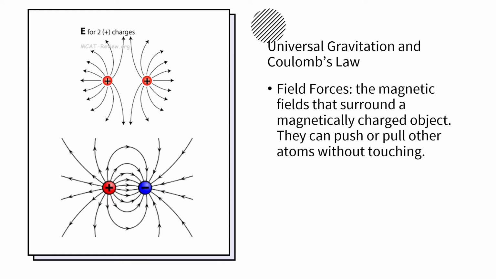There is going to be a magnetic field that surrounds them. If you place them a little close to each other, you will notice that they are going to attach immediately if they have opposite charges. That's caused by the field forces. They can attract objects without the necessity of touching each other.